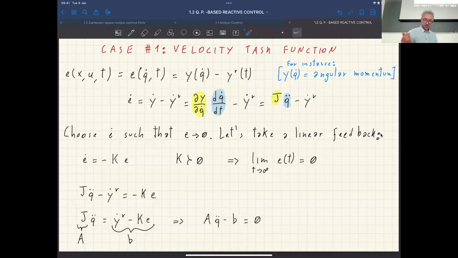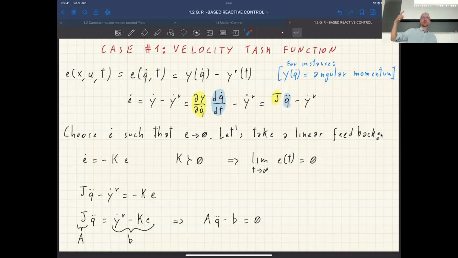Now, the only thing that is left for us to do is, okay, E dot is affine, but now we need to decide what value we want E dot to take. And we need to choose the value of E dot so that the error goes to 0. So E must go to 0.